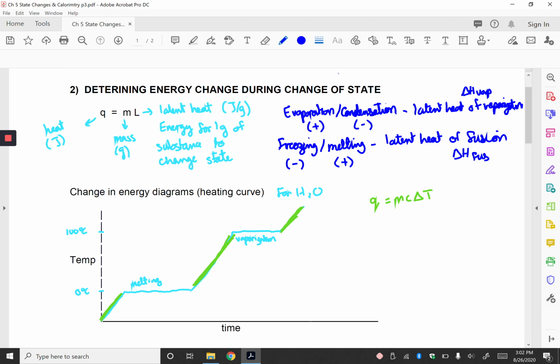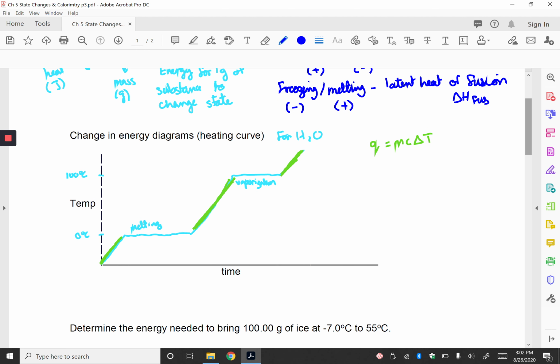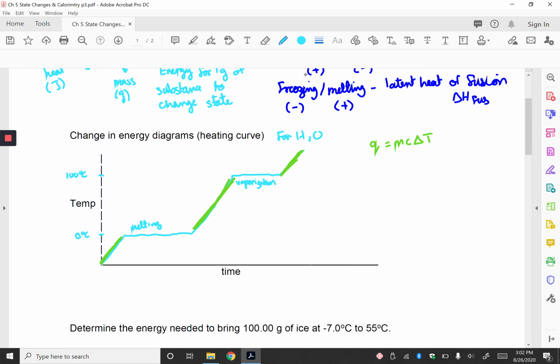Okay, so on this diagram, let's have some handy numbers for water for you to use. Right here, I'm going to go ahead and use this color here. This is where I would use ΔH of vaporization.